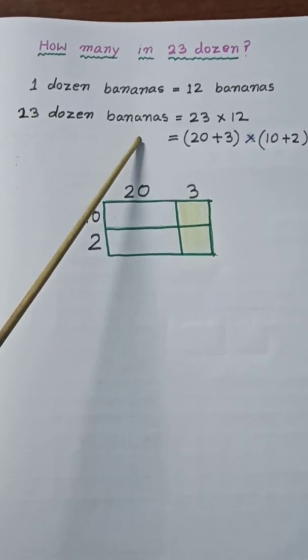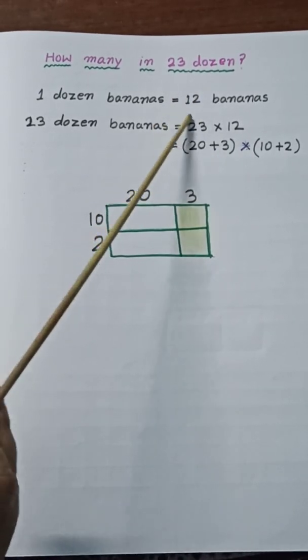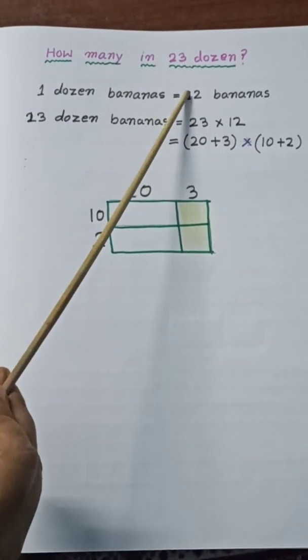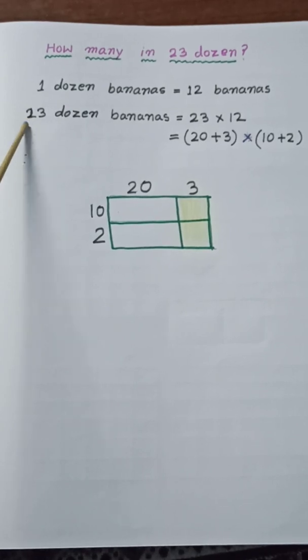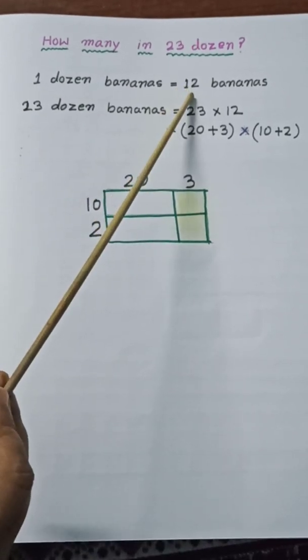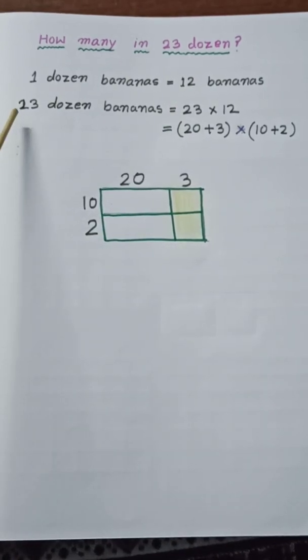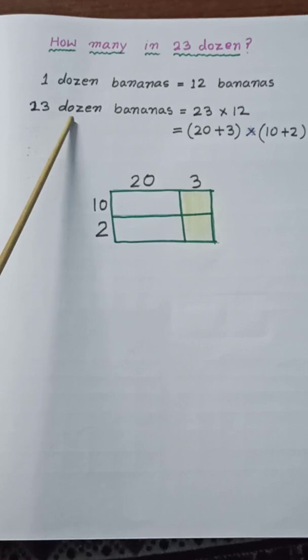Children, to find the answer, we need to multiply 23 and 12, because the total number of bananas in one dozen is 12, and we need to find the number of bananas in 23 dozen.